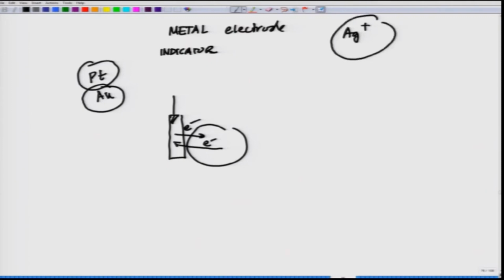The reaction at the Ag indicator electrode is Ag plus plus electron gives Ag solid. You always have to have a practice of writing these reactions. Here E0 plus is equal to 0.799 volt.